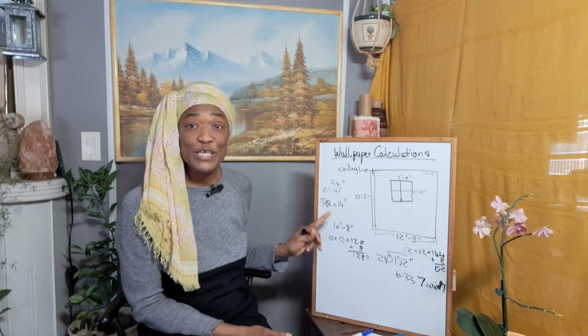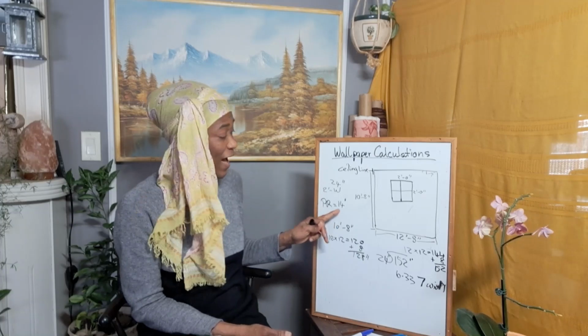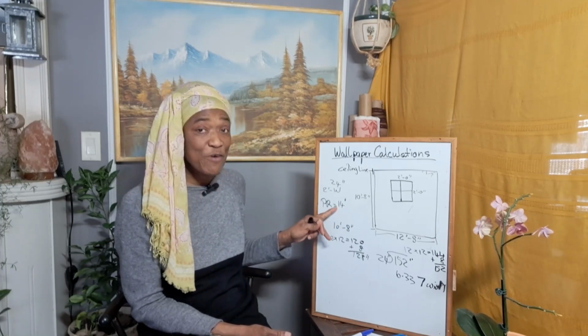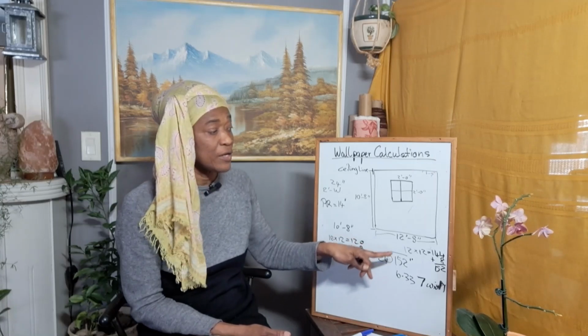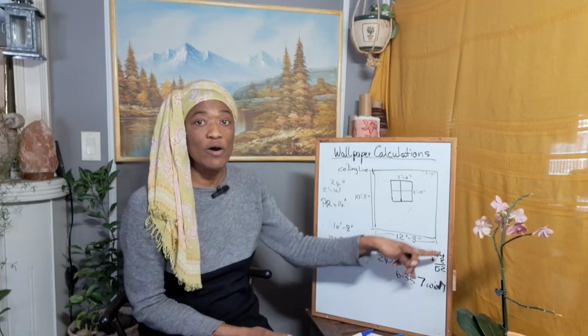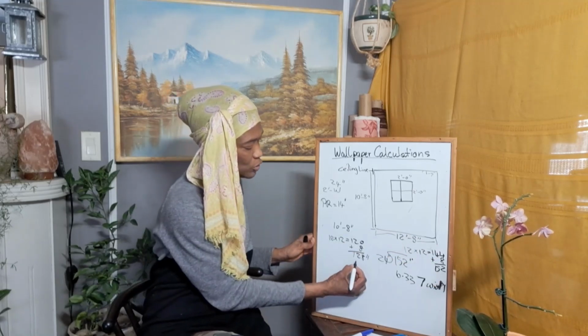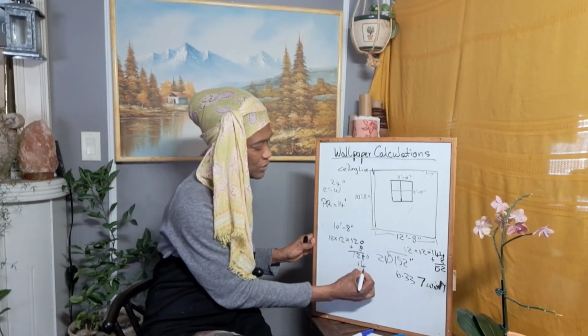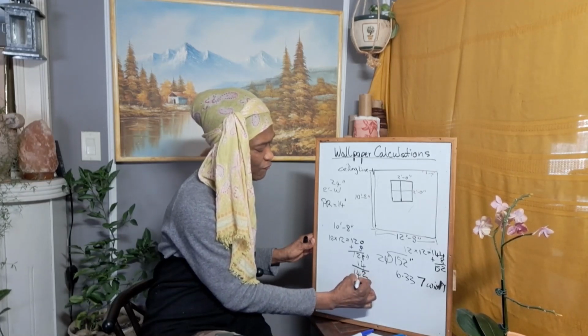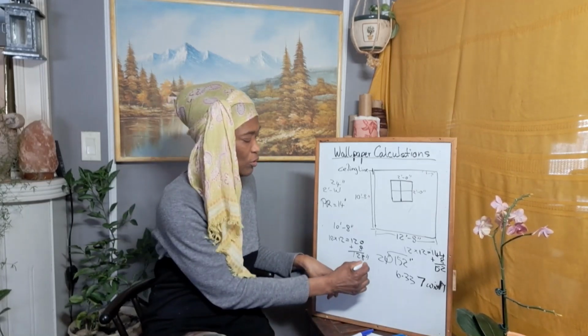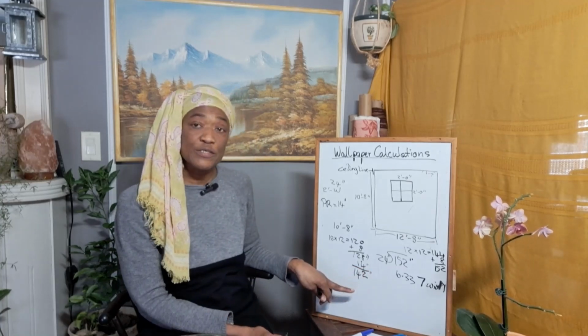The next thing we need to do is to add our pattern repeat to the 128, because we will need 14 inches on each width to go across the wall. So it's 128 plus 14, 142 inches.